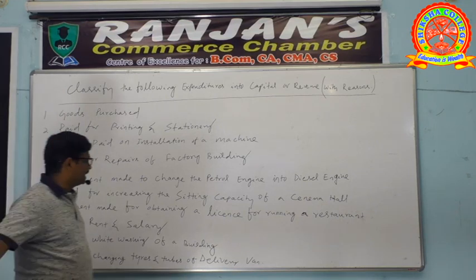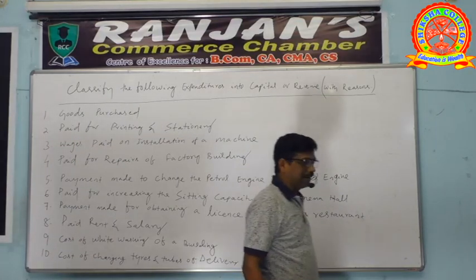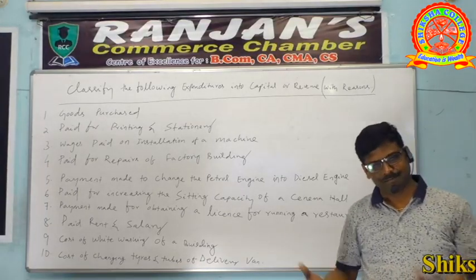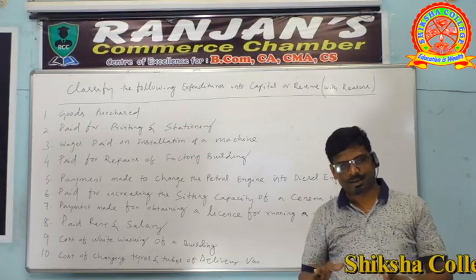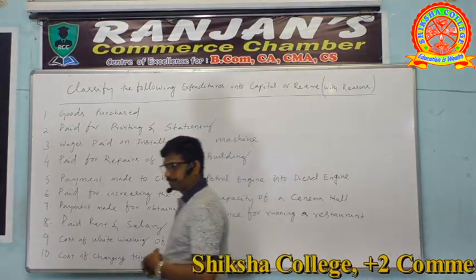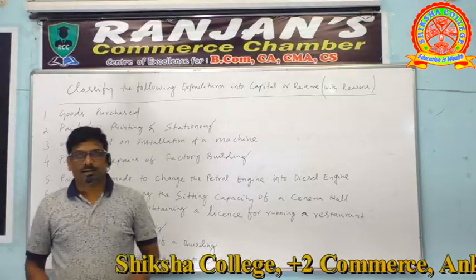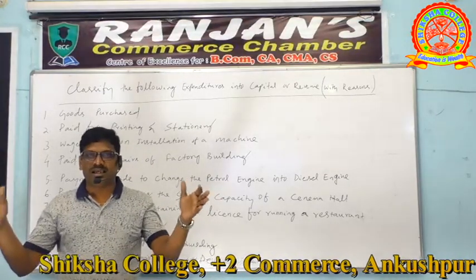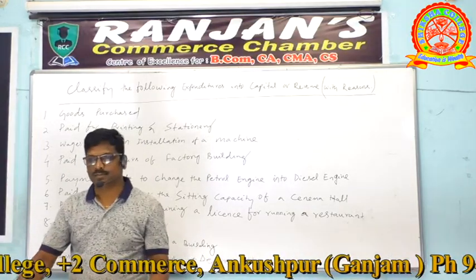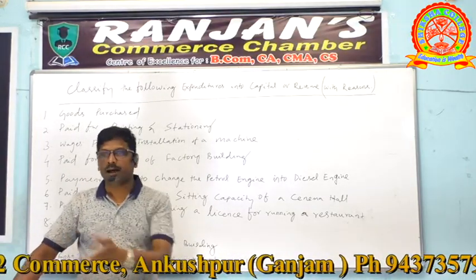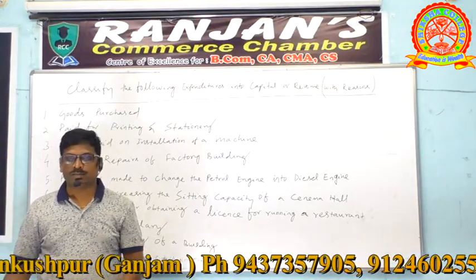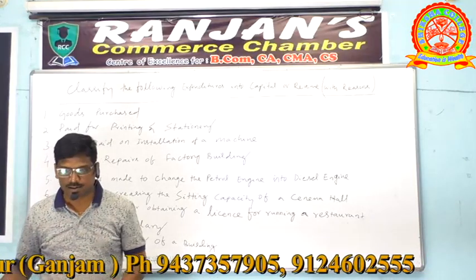Paid for increasing the sitting capacity of a cinema hall. Good. Same. You just copy down. Because the capacity of a cinema hall is restricted, you cannot increase its capacity on your own unless a particular payment is made to the government.